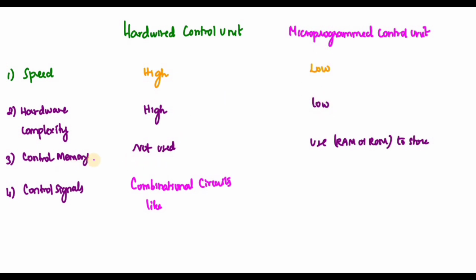Control memory is not used here, but here we are using RAM and ROM to store the data signals. And the control signal is generated using combinational circuits like encoder and decoder.